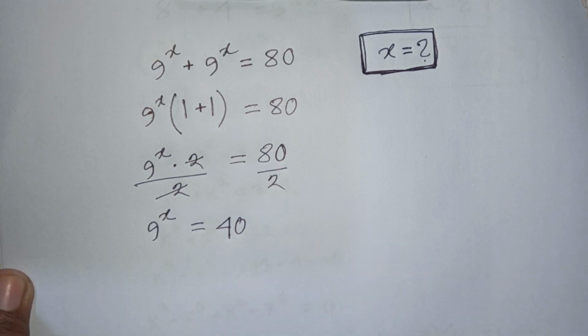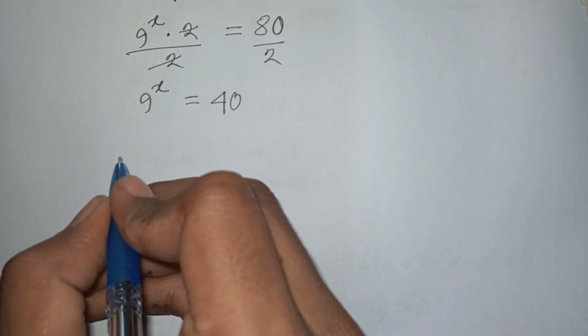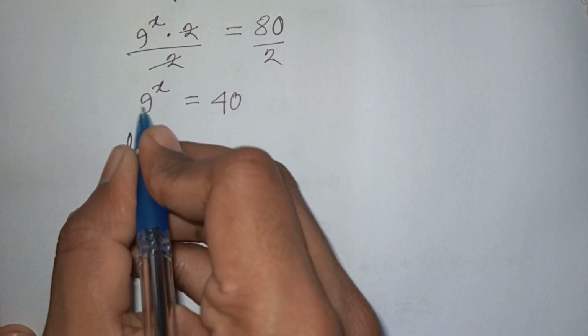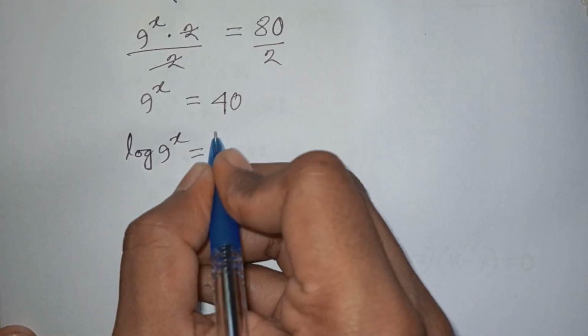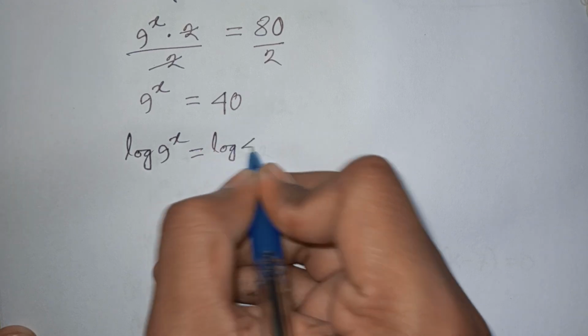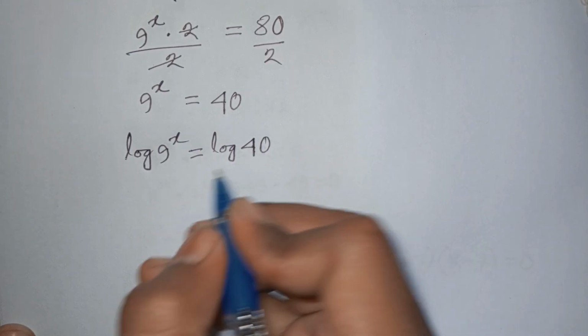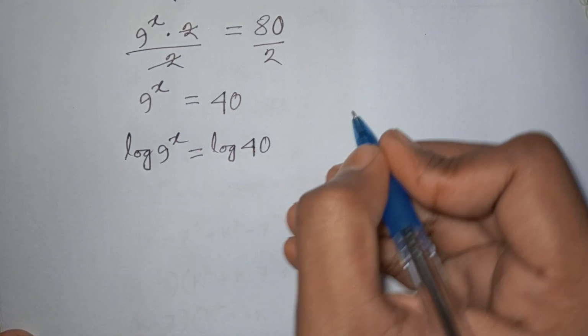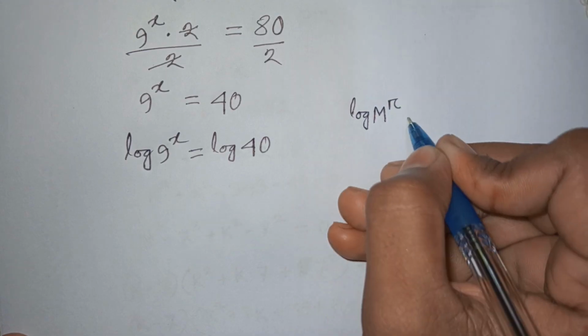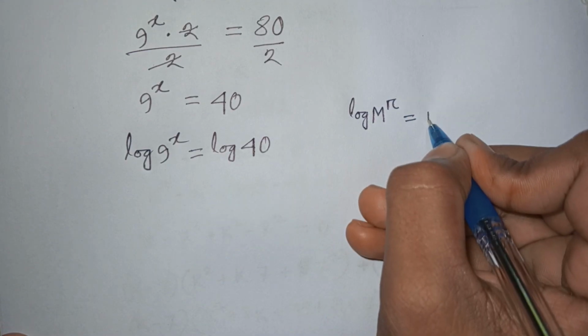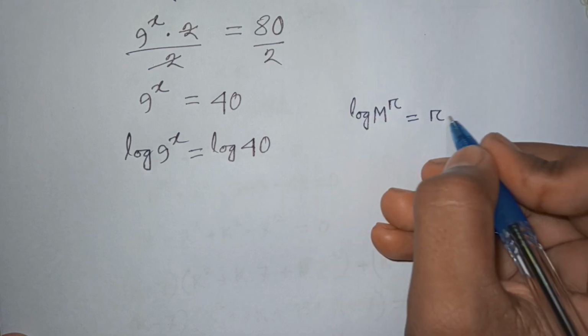In the next step we apply log in both sides. So log of 9 power x is equal to log of 40. Now here we apply a rule that log m power r is equal to r log m.